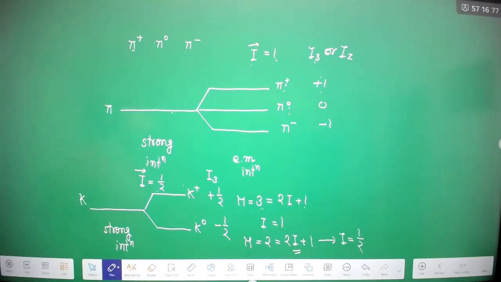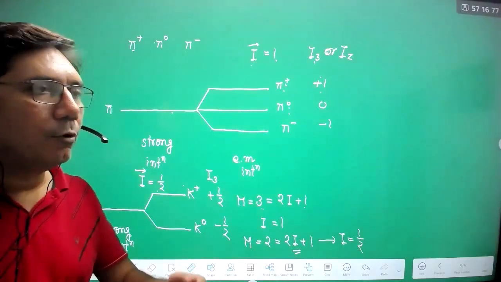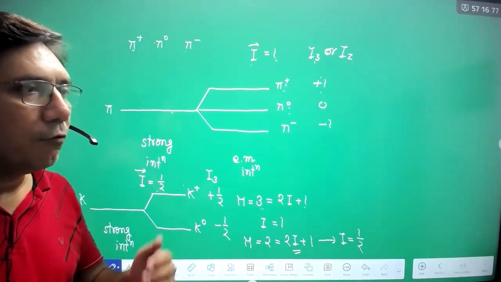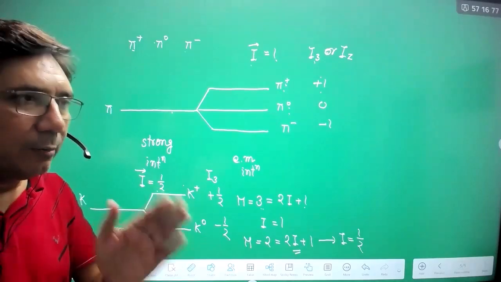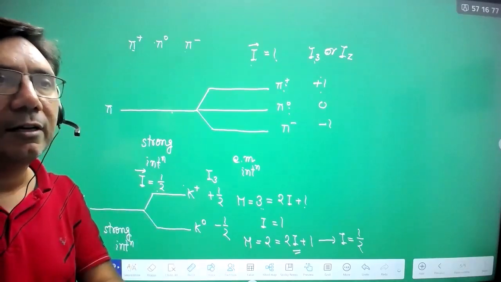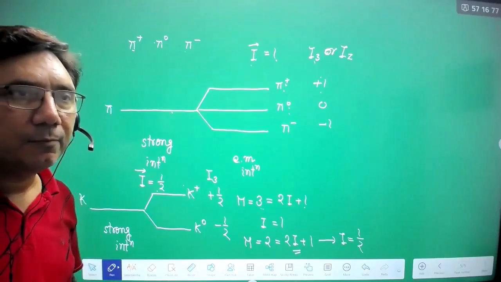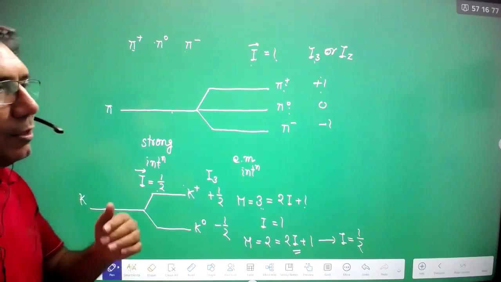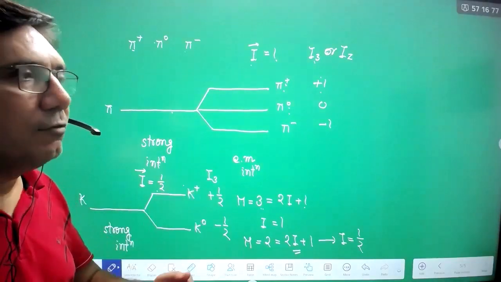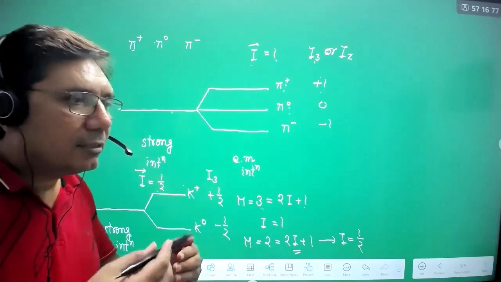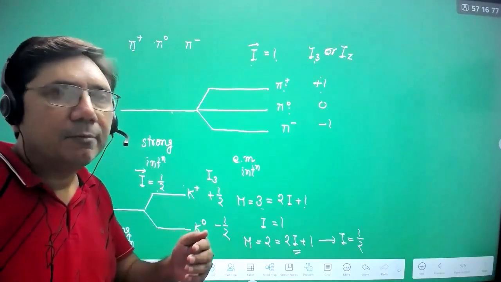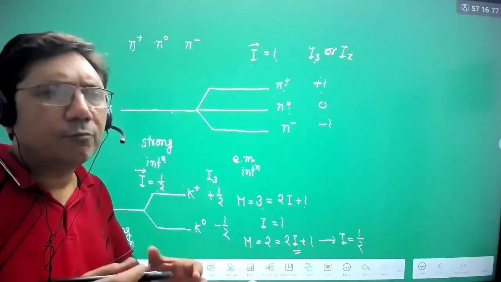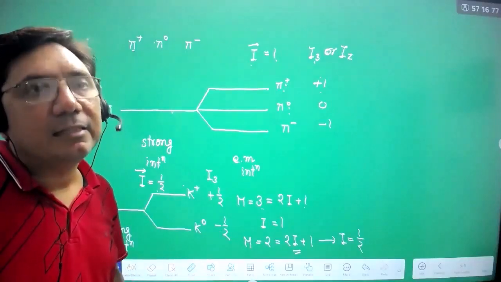To represent these multiplets, whether a multiplet of 2, 3 or 4, on the basis of the multiplet number we correspondingly define isospin. And corresponding to the number of states, we now need to give some distinction, different names to them. So we are giving numbers, that is I3.